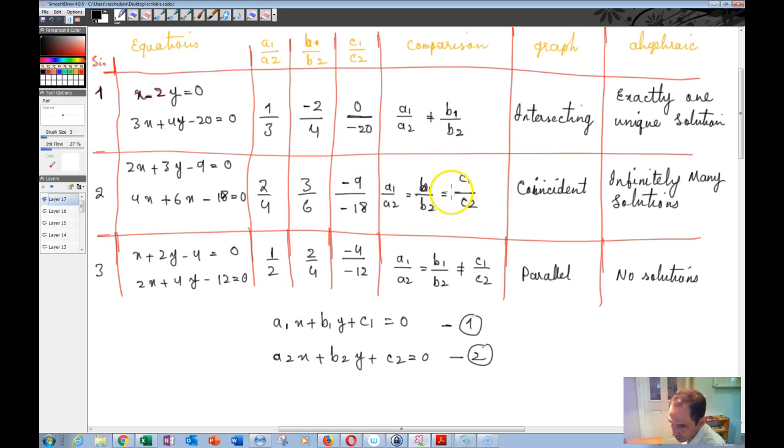In short, you can say that they are equivalent lines, meaning that you can just simplify the line and then you will get the other one. And then in this case, if the two lines are parallel, then a1 to a2 is actually equal to b1 to b2, but is not equal to c1 to c2.